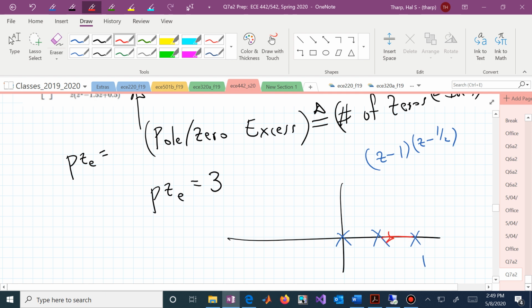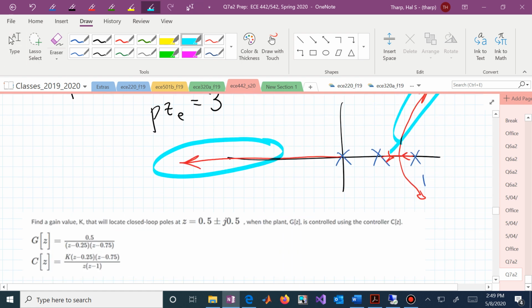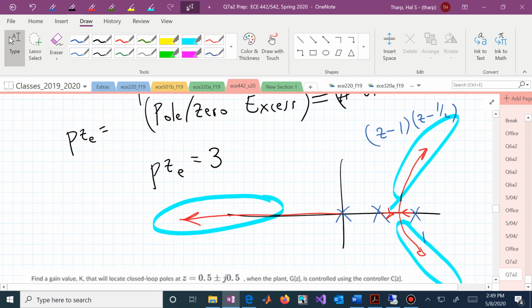And so on our root locus diagram, what you may have forgotten is, in fact, this is an asymptote. We have an asymptote that's approaching, and we have another asymptote that's approaching. So we have 3 asymptotes. The answer for that question was 3.